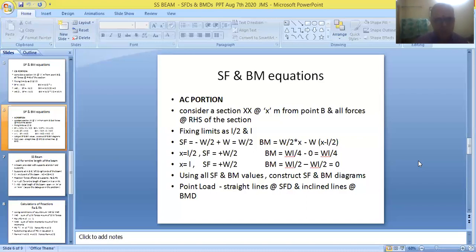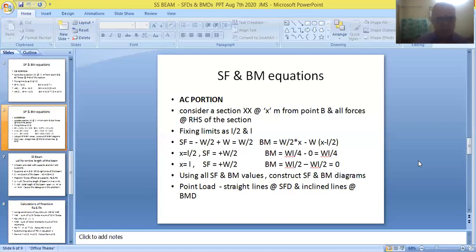So we are multiplying W by 2 with the small x, and the capital W with X minus L by 2. The upward force results in anti-clockwise movement, so we put a positive symbol, and this results in clockwise movement, so we put a negative symbol. So it is obtained as follows.